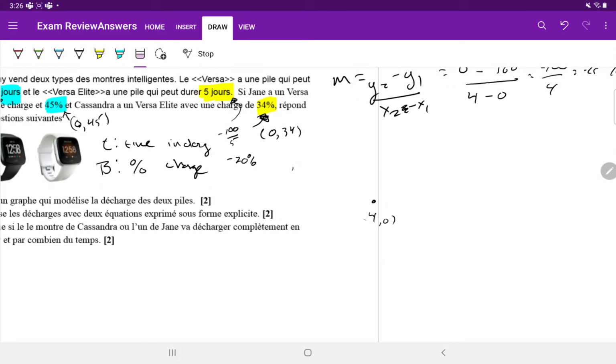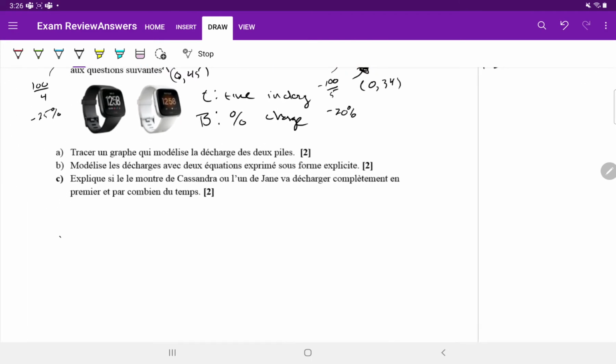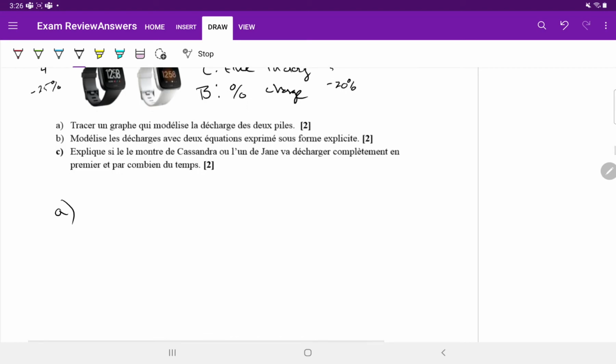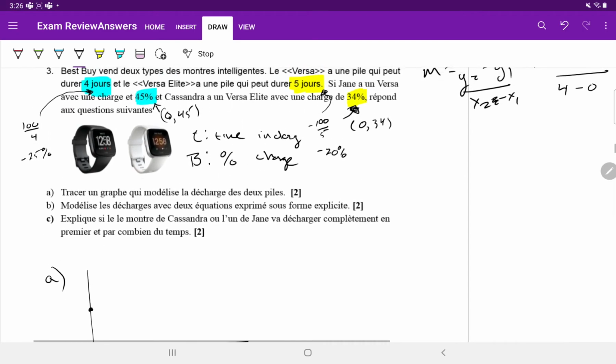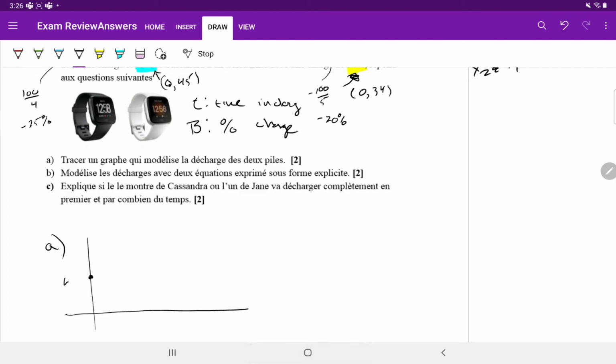So I'm just going to erase this right here, and let's actually start writing it out and trace a graph of it. One of them is going to start at, let's do the first one, 45%. It's always easier for me to just write the equations out.